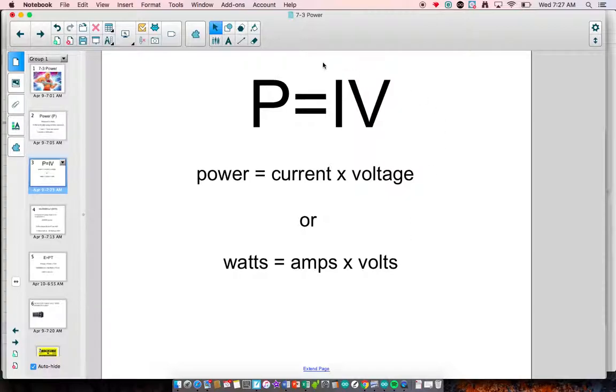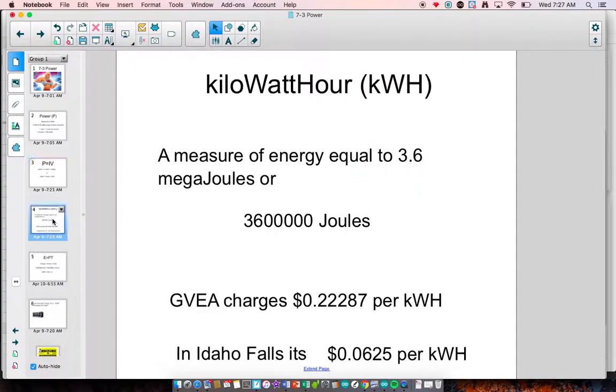It turns out that with this equation in combination with Ohm's law that we learned before, that voltage is equal to current times resistance, you can take those two equations and do an awful lot with them. Up on the board you'll see all the equations that result from those. So let's go ahead and continue on here.